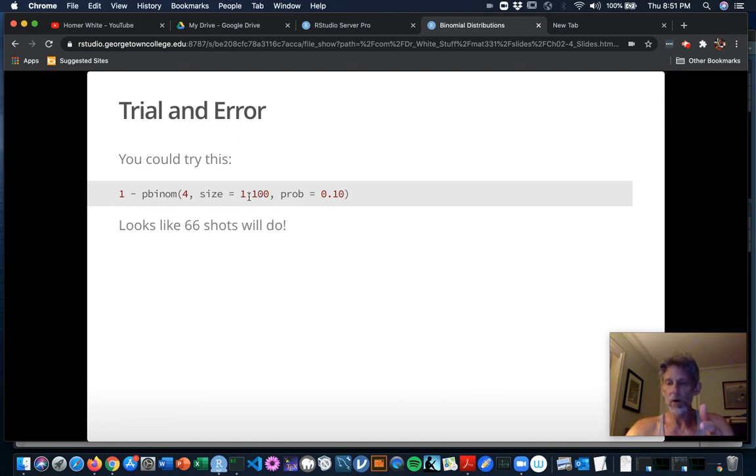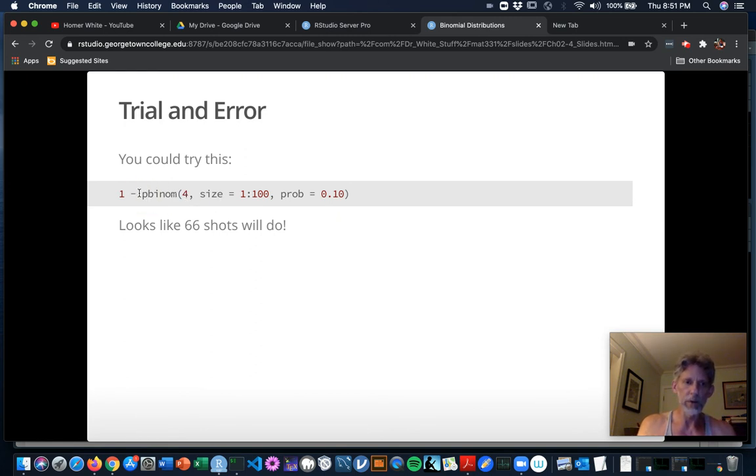1:100 in R is actually 1, 2, 3, 4, 5, 6, 7, all the numbers up to 100. And so what I'm going to do here is get binomial probabilities for each of those numbers of trials. There's a 4 here and a pbinom.